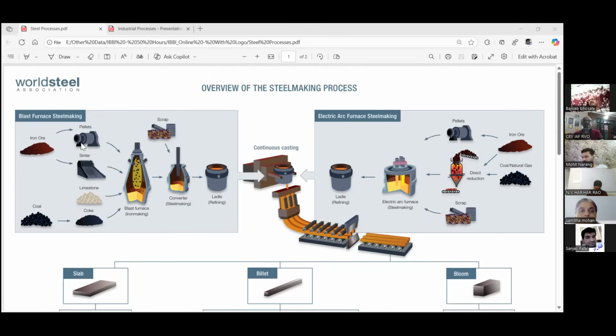Then the sinter plant goes to a pelletizing plant. In the pelletizing plant, your crushed iron ore is converted into pellets, and these pellets are fed into the blast furnace. In a blast furnace, burning happens with coke. First, your coal is converted into coke using an oven, and this coke is fed for firing purposes in the blast furnace.